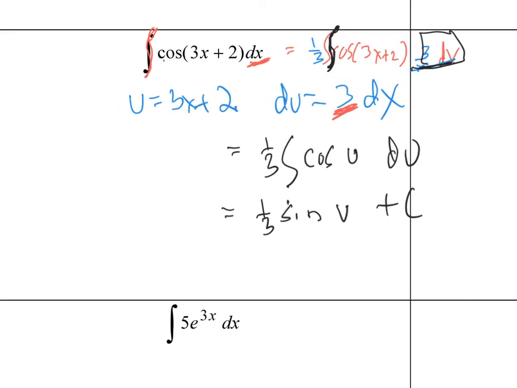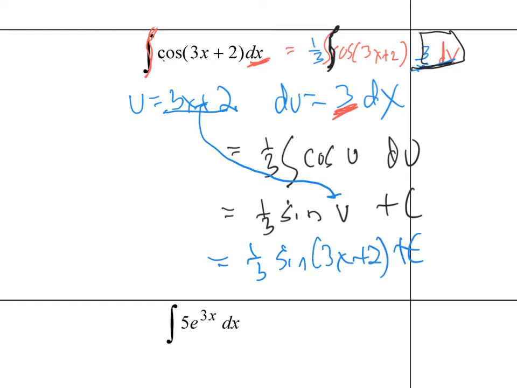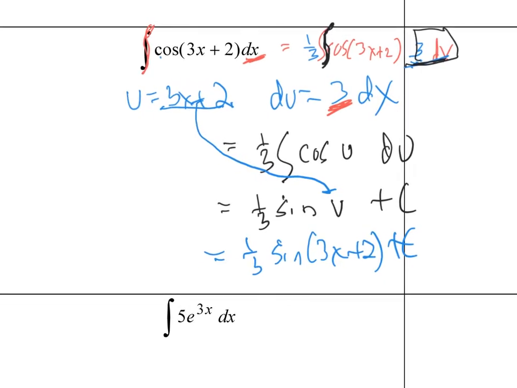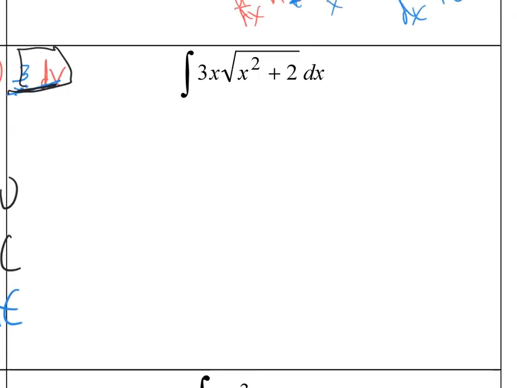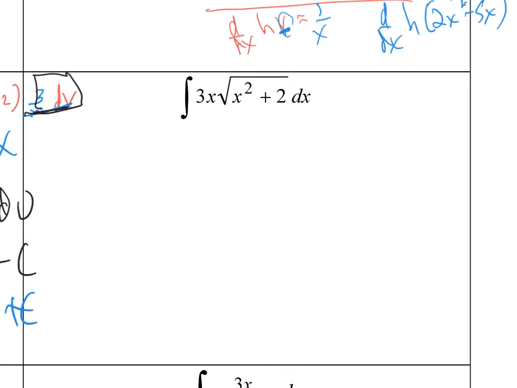But we need to resubstitute back in. So I'll leave it as 1/3 sine of 3x plus 2 plus my constant. So from now on, whenever you integrate, always think u du. Even if it's a basic problem, ask yourself first, is du present?